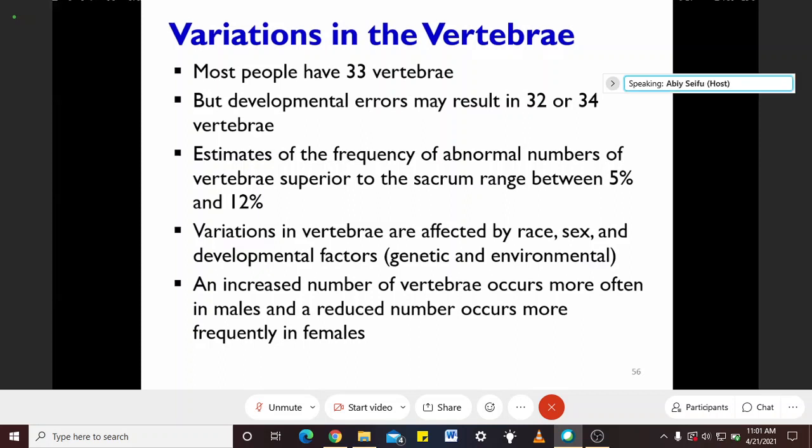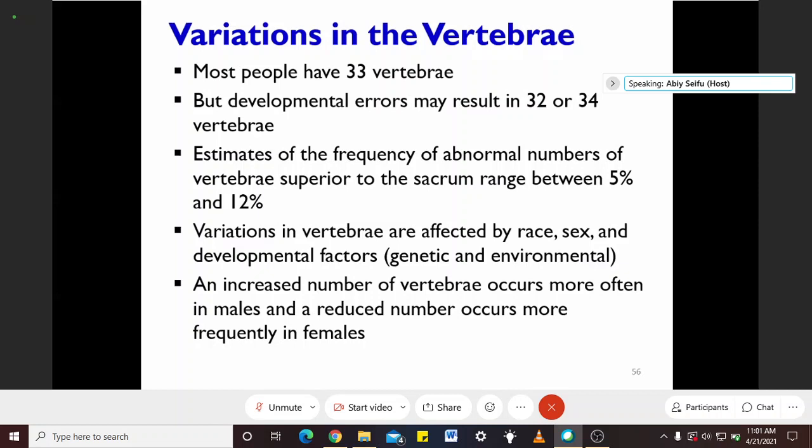But there is variation in the number of vertebrae. An individual may have 32, or higher than the usual, may have 34 vertebrae.